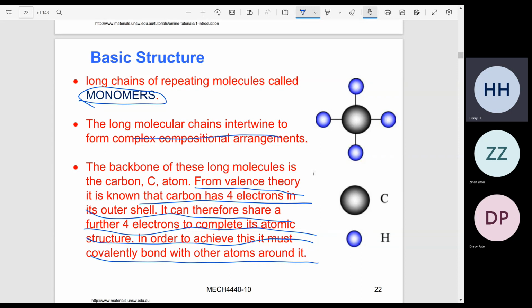I mentioned this already. You connect them together and form a chain kind of structure, and then you get the polymer.